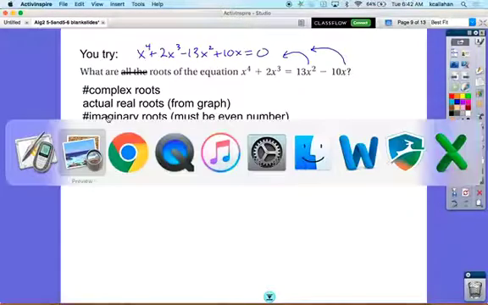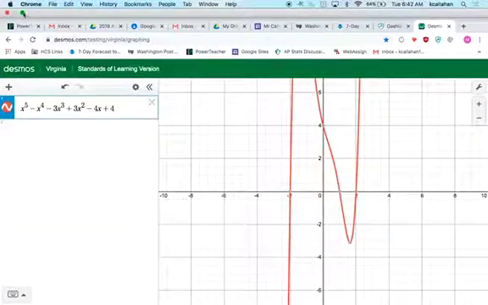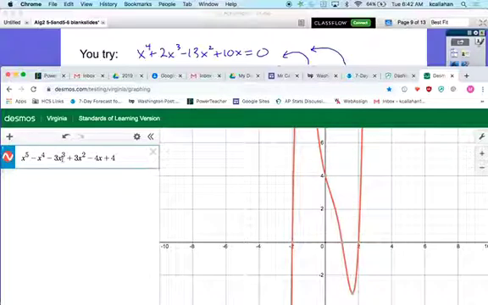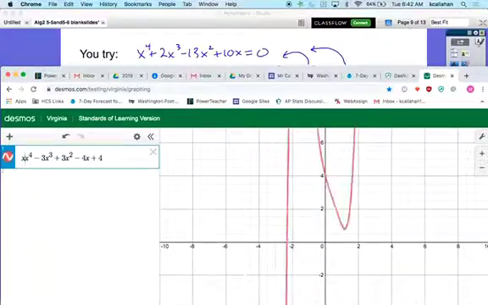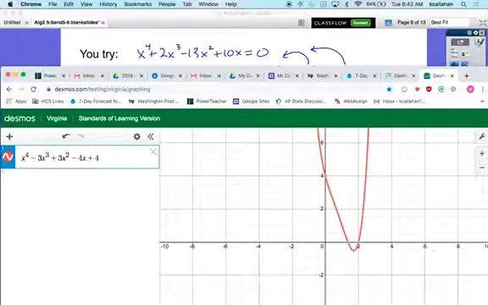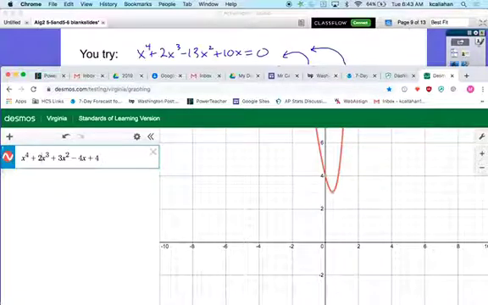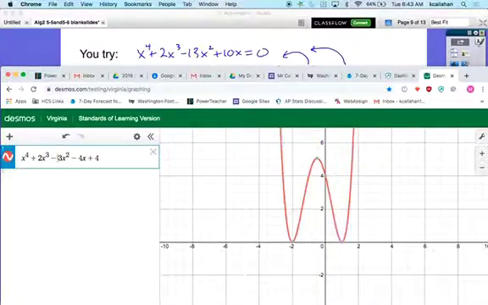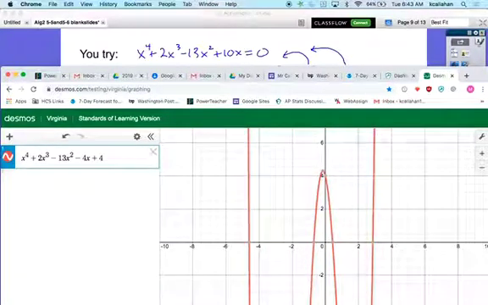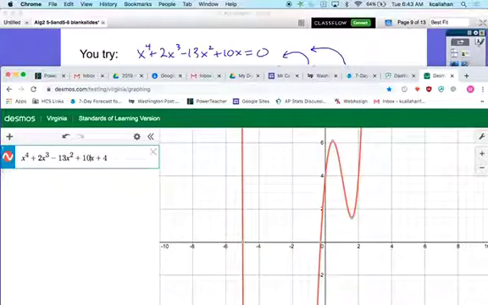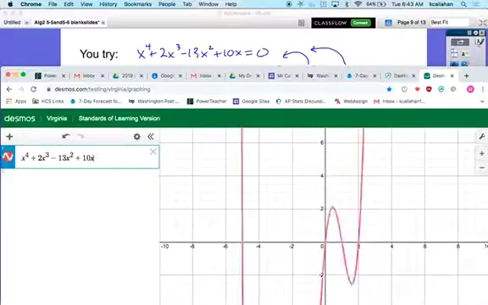So again, this is something we need to do in Desmos. So we have x to the 4th plus 2x to the 3rd minus 13x squared plus 10x. And no plus 4.